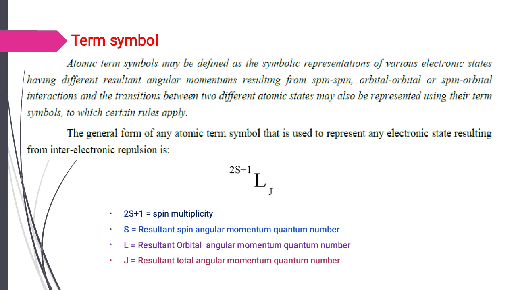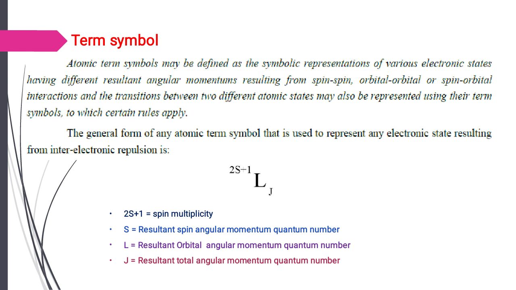Then, coming to the term symbol, it may be defined as the symbolic representation of various electronic states having different resultant angular momentum resulting from spin or orbital or spin-orbital interaction.